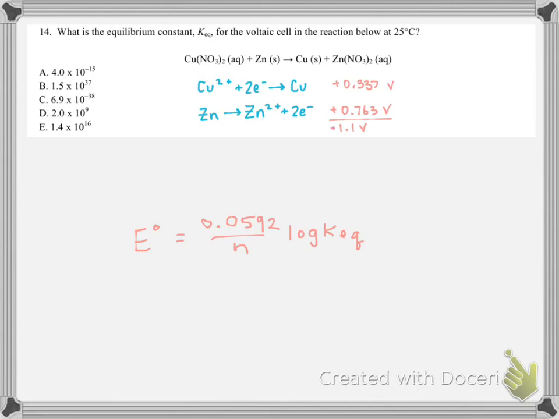And then we can get our overall reaction also. So our electrons are the same number, so they'll cancel when we add these two reactions together. And we'll get our overall reaction where copper ions that are aqueous will react with the solid zinc to form aqueous zinc ions and solid copper.